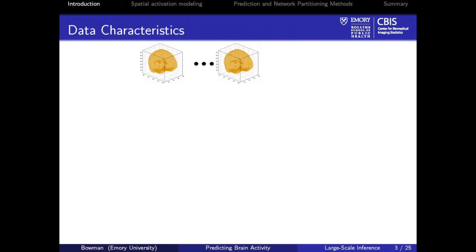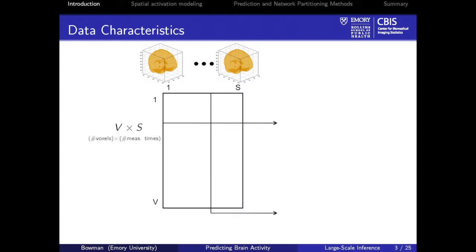So again, this is just a time series at one location in the brain. The number of voxels, those volume elements, tends to be very large, in the tens of thousands, maybe hundreds of thousands. So essentially the data on one subject can be viewed as hundreds of thousands of time series.